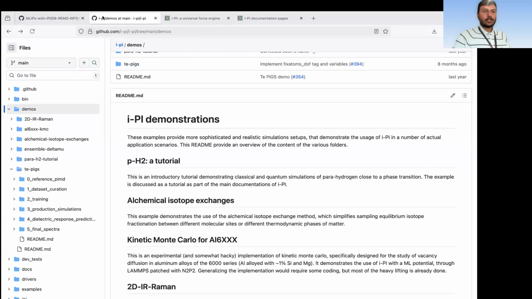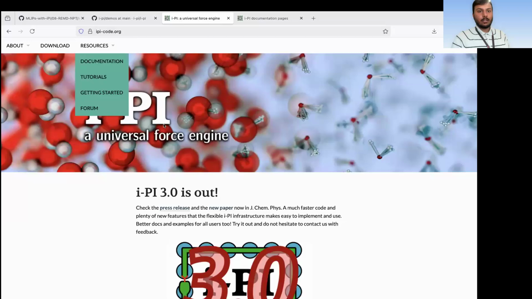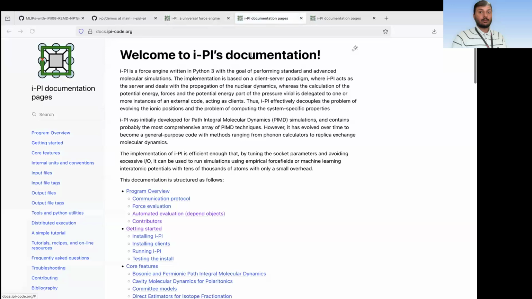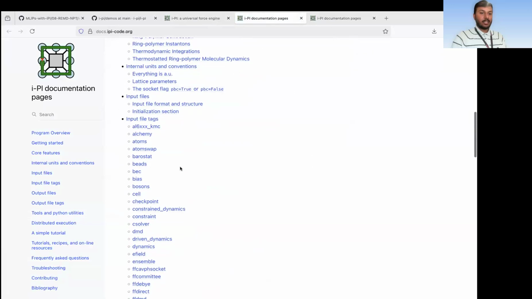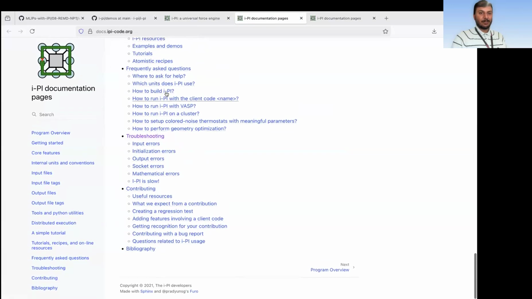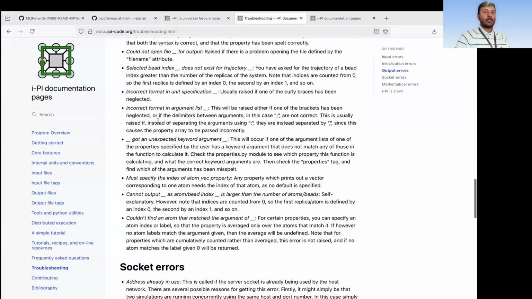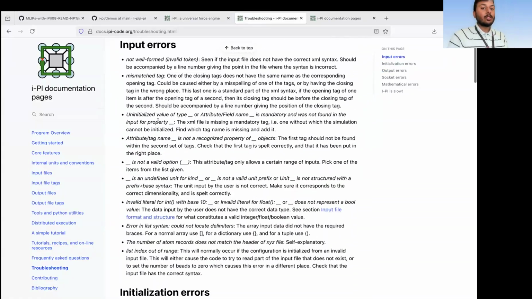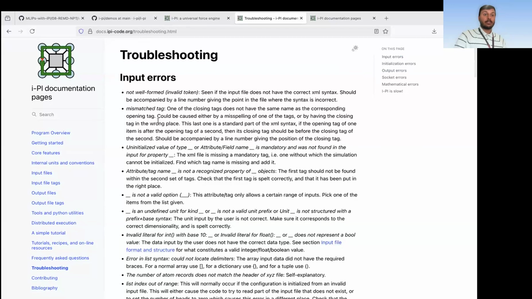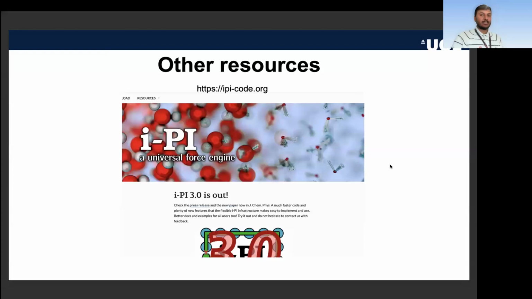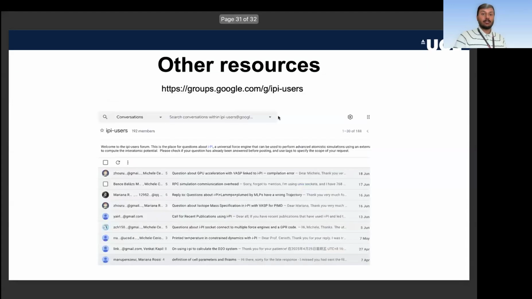There's a lot of information available here. For example, if you just want to look at the documentation of i-PI, it's there. And what we also have here are frequently asked questions and troubleshooting sections. If you have errors, we comprehensively provide you with ideas to really help you set up your simulations. Of course, if you use these examples, hopefully you won't have these errors.